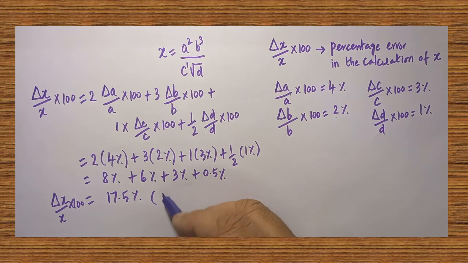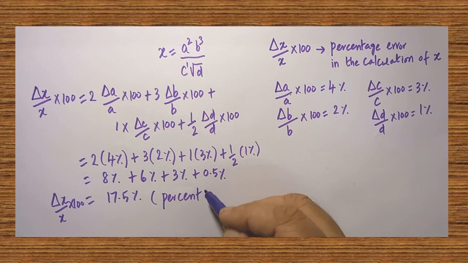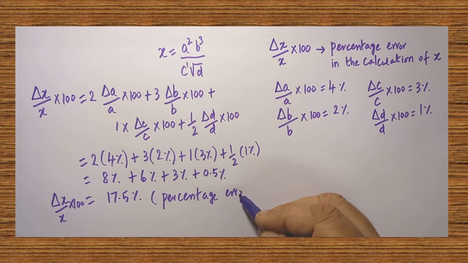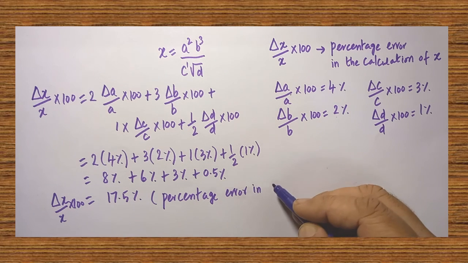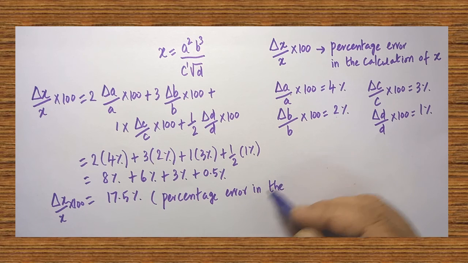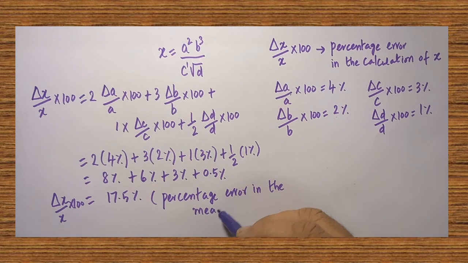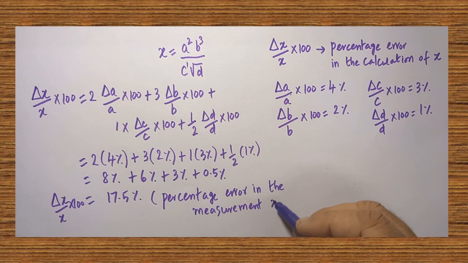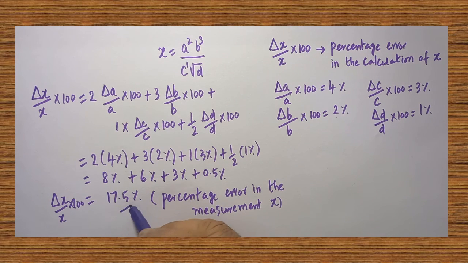So, percentage error in the measurement of x is 17.5.